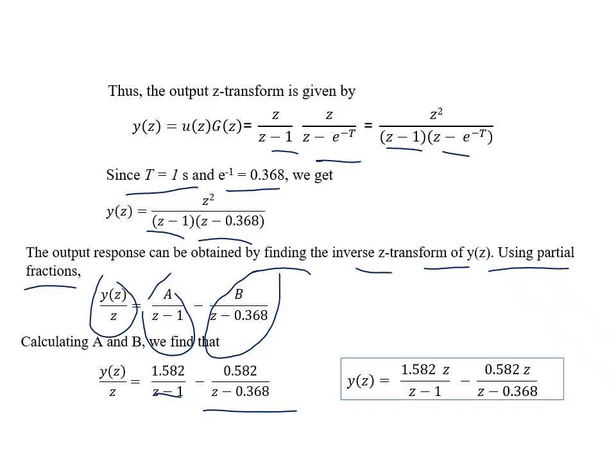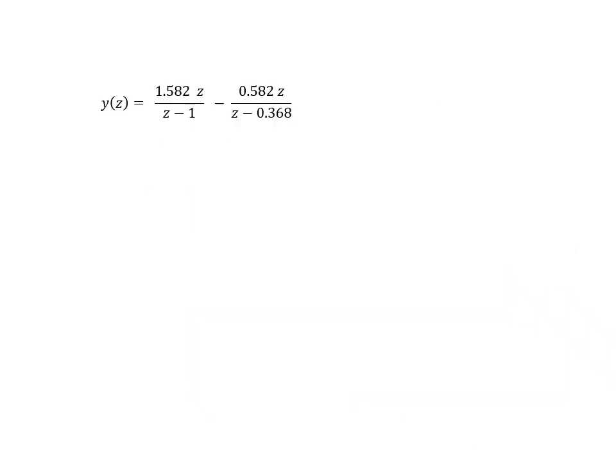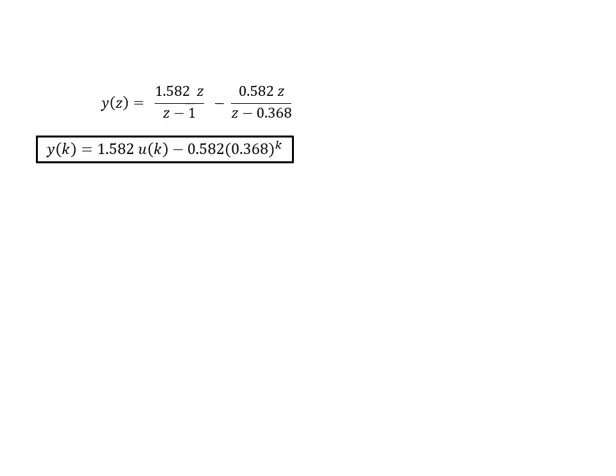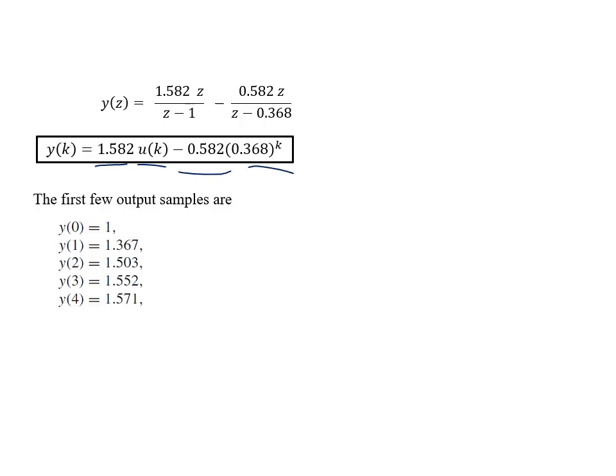Then we multiply both sides by z. We have 1.582 times z divided by z minus 1 and negative 0.582 times z divided by z minus 0.368. We get the inverse z of this, which is 1.582 times the unit step minus 0.582 times 0.368 power k.